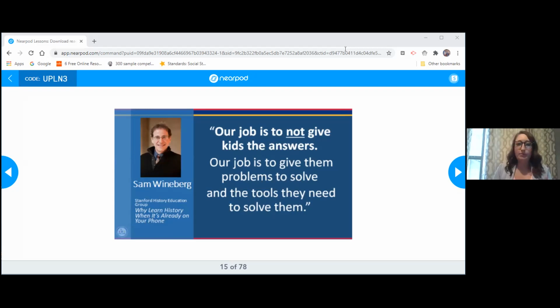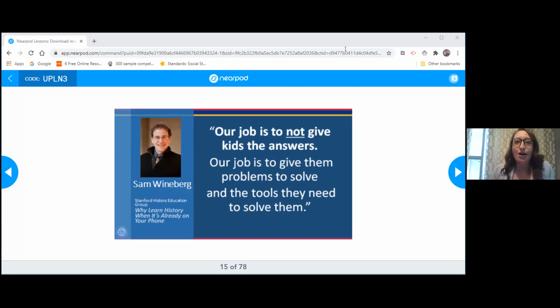I love this quote from Sam Weinberg, and this book is really good if you haven't looked into it: Why Learn History When It's Already on Your Phone. That idea that we shouldn't be asking students questions and having them engage with things that are Googleable. We should be having them dig into the Googleable stuff and then ask those bigger questions, like why? Why did this happen? Why does this matter?